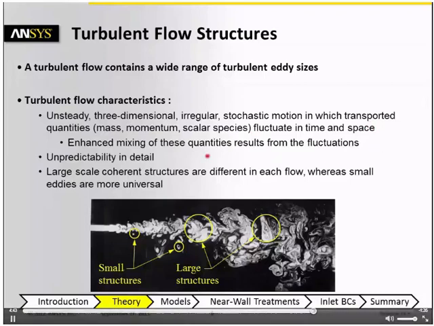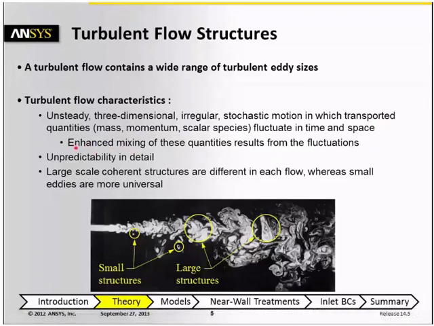These fluctuations result in enhanced mixing, which is the critical item of interest for engineering applications. If you have a flow where fluctuations are observed, but those fluctuations don't produce this enhanced mixing, then that flow would not be considered to be a turbulent flow.